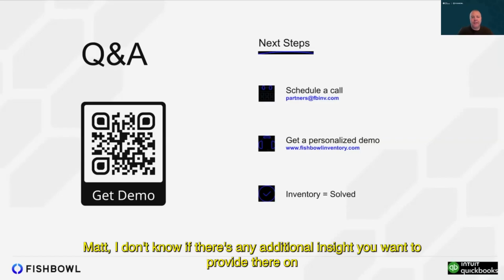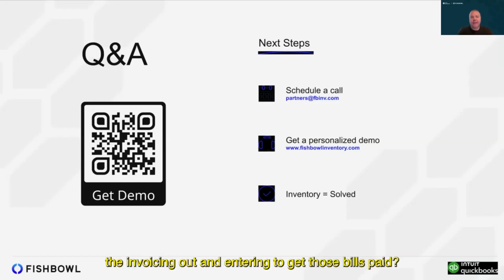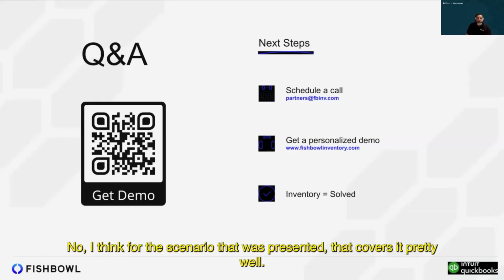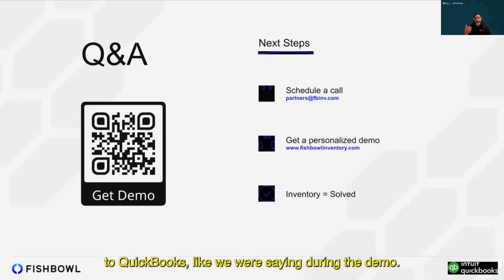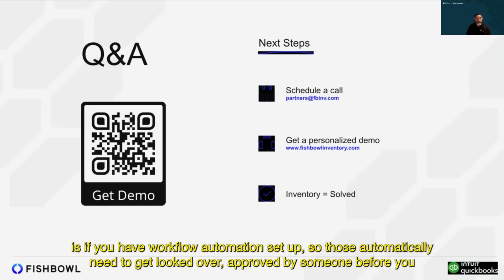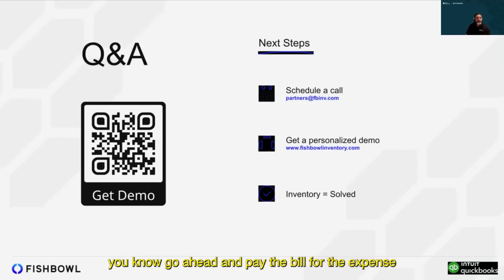Great. Matt, I don't know if there's any additional insight you want to provide there on the invoicing out and entering to get those bills paid. No, I think for the scenario that was presented, that covers it pretty well. Like I said, just the additional things that you can do once those get into QuickBooks, like we were saying during the demo, is if you have workflow automation set up, so those automatically need to get looked over, approved by someone before you go ahead and pay the bill for the expense.